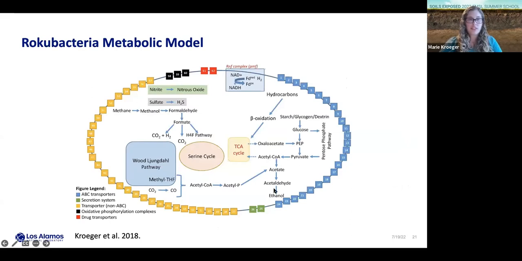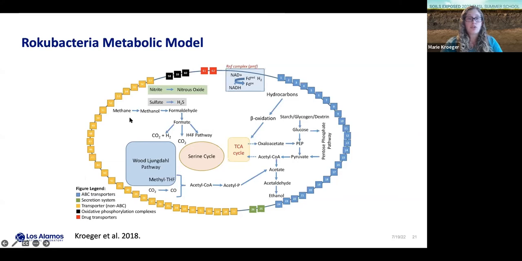One of the other benefits of getting these MAGs is that you're able to really dig deep into the metabolism of these unknown or currently uncultivated microbes. One that I focused on was Rokubacteria, because at the time that I was doing this research, there was really nothing known about this group. And what I found was it has a really diverse metabolism.